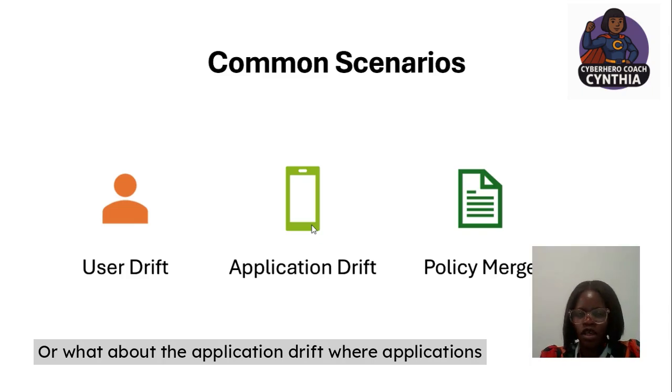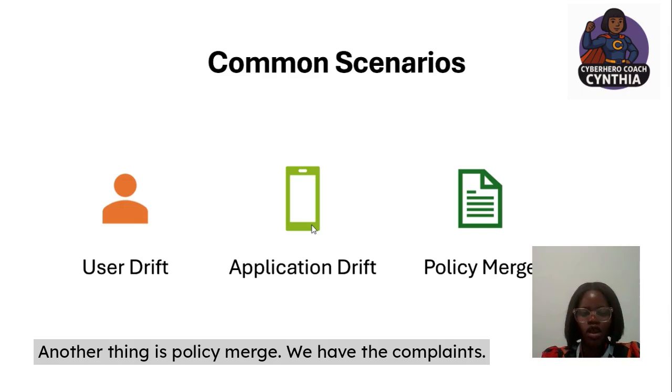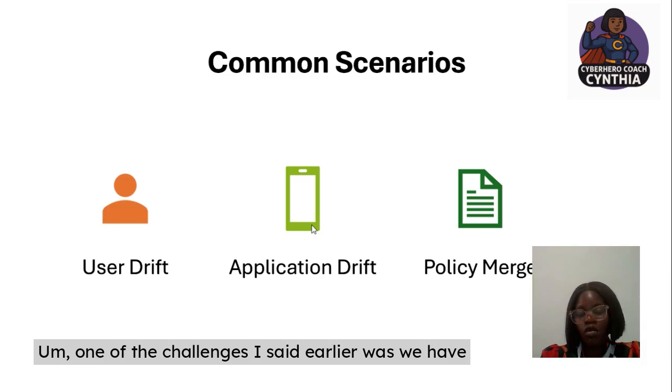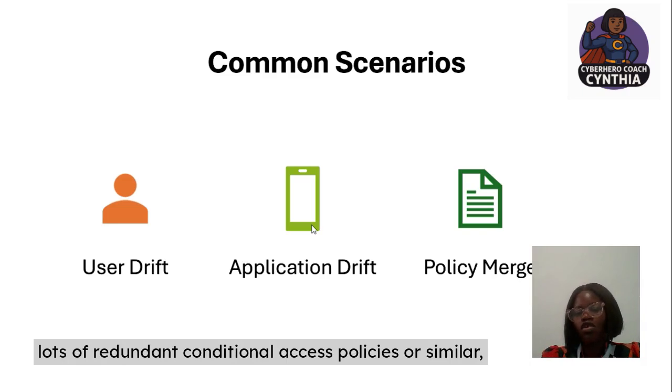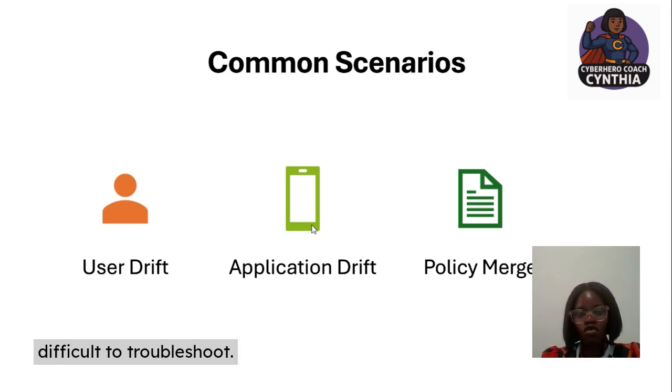What about application drift, where applications are not targeted with a conditional access policy? Another thing is policy merge. One of the challenges I mentioned earlier was that we have lots of redundant or similar conditional access policies in the tenant, making the tenant messy and difficult to troubleshoot.